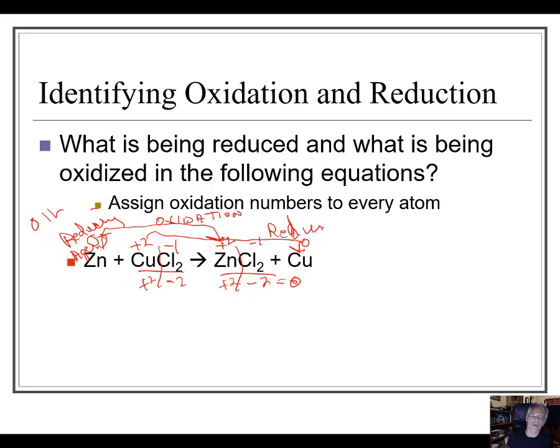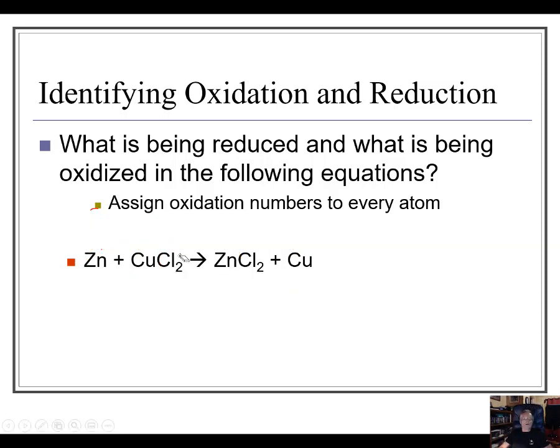And any species that is reduced in a redox reaction, that makes this guy right here, copper 2 plus, or you could just say copper 2 chloride, the oxidizing agent because it's causing zinc to be oxidized. So that's how you analyze these. So zinc is 0, copper is plus 2, zinc's plus 2, copper is 0. Zinc is going to a plus 2, so it's being oxidized.